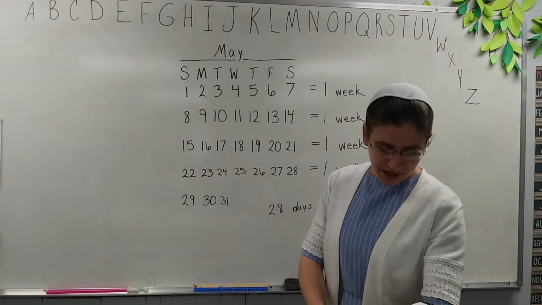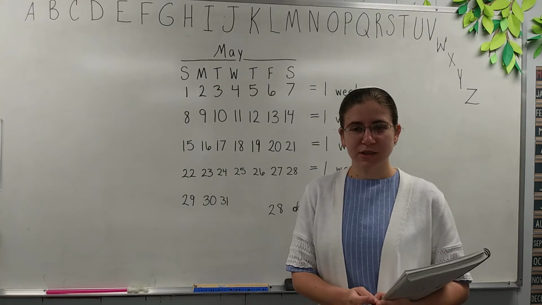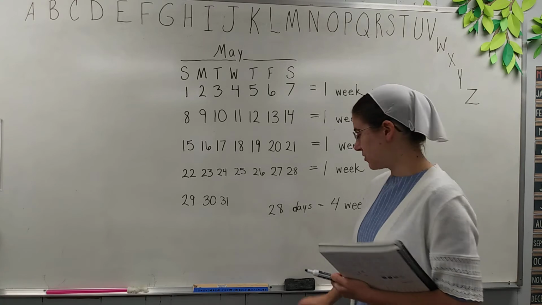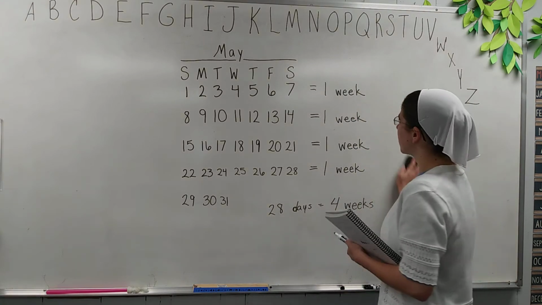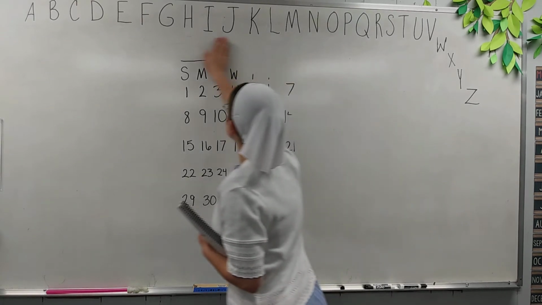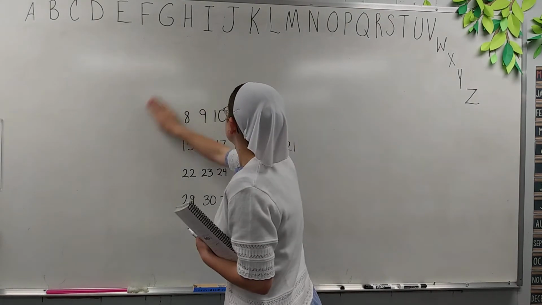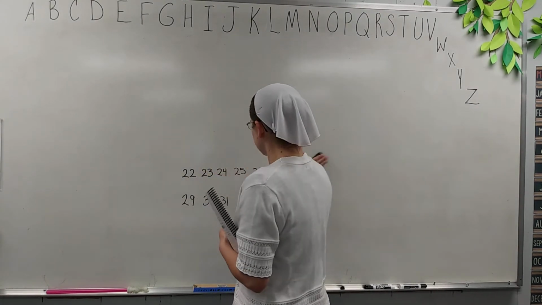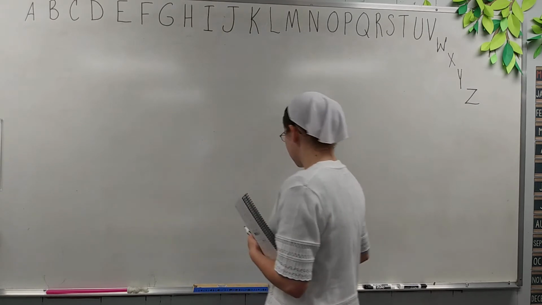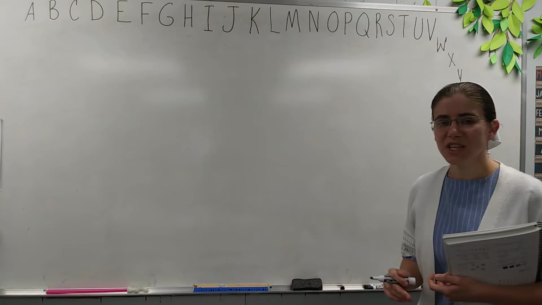Going on to page 8, I'm going to go over that story problem with you on page 8. So go ahead and turn to that. And there's a story problem at the top of the page. Okay. So the story problem.